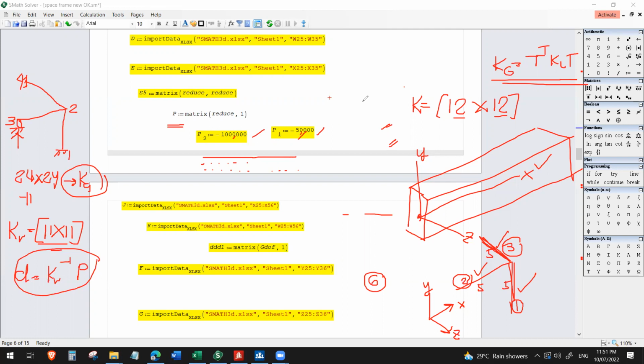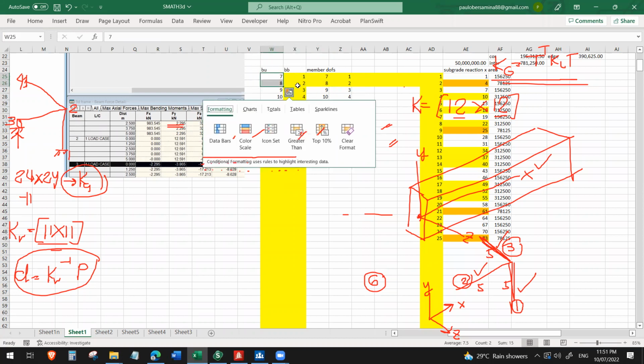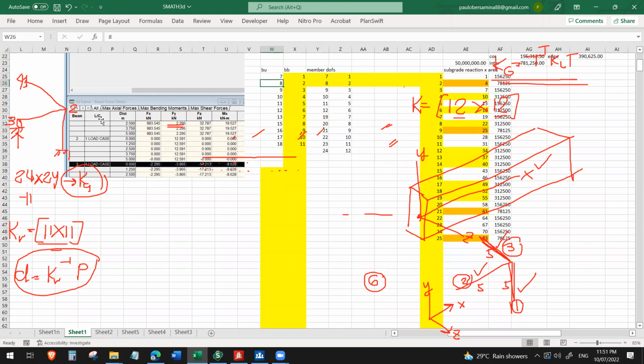Okay, so 1 and 2, corresponding to degrees of freedom 7 and 8. This one. P1, P2, 7, 8, which is here on node 2. 7, 8, where 7 is X and 8 is Y, right?